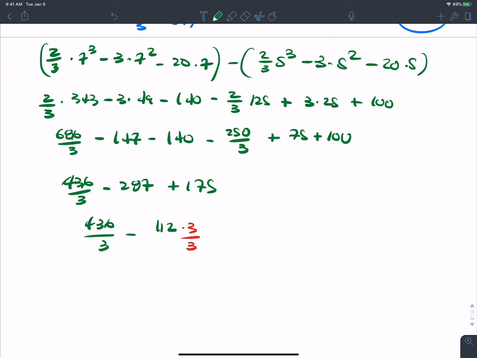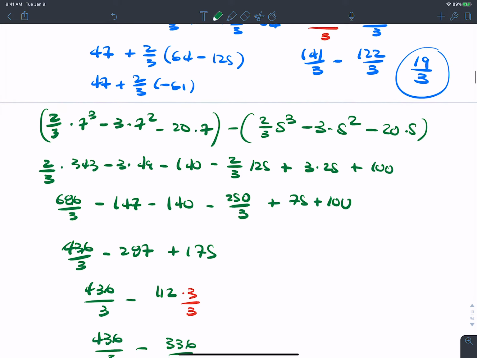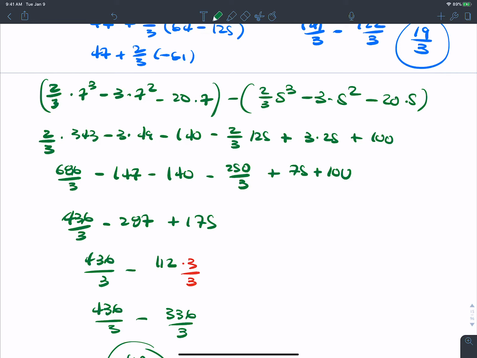Okay, let's do it again. 436 thirds minus 336. Is that true? Yes. So that's going to be 100 over 3.